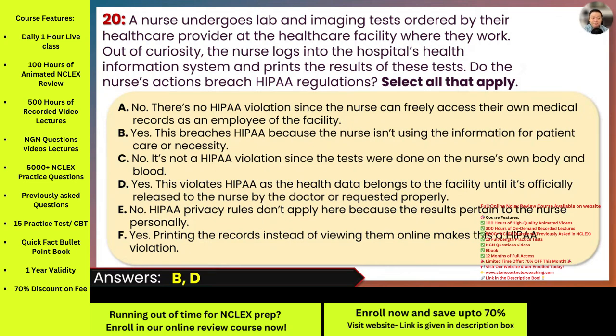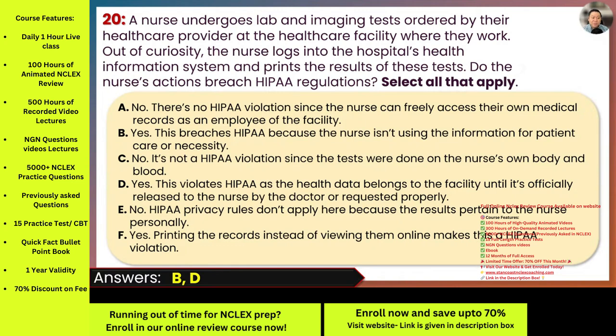And letter C is also incorrect because HIPAA applies to all patient data regardless of who the patient is, and the ownership of the data doesn't matter. What matters here is how the information is accessed, and the correct way to get to the results is through a formal release, not logging in as an employee.